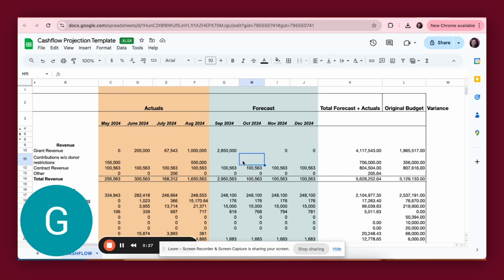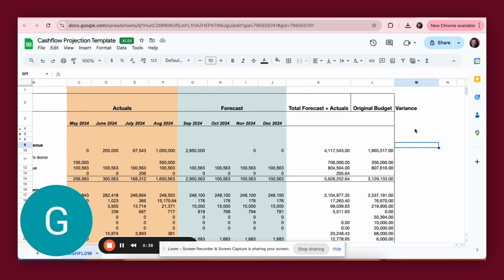But then sometimes we like to look at it in comparison to the forecast. We then do a total forecast plus actuals and then compare that to the budget, and we provide a variance here. Now, you don't see the variance actually included here, but this is where that would go. It would be the variance of your total forecast plus actuals versus your original budget so that you can see, are you tracking? Are you over in any one area? Are you severely under in any one area?